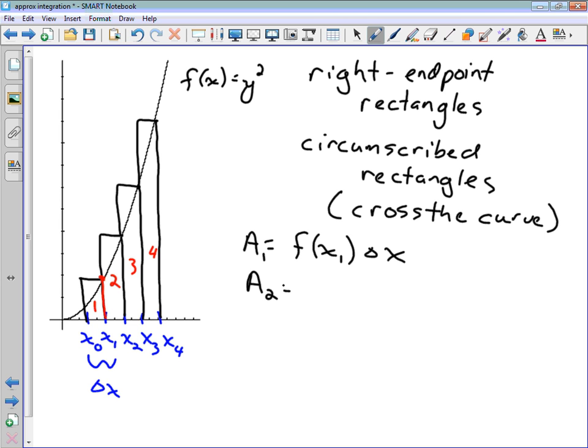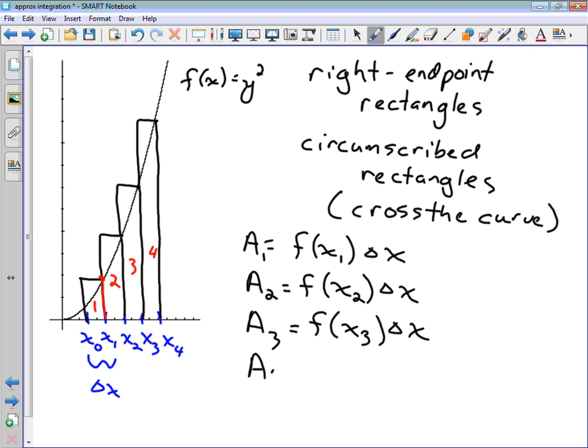Similarly, for our area 2, it's going to be f at x2 times delta x. Area 3, f at x3 times delta x. And area 4 is going to be f at x4 times delta x.